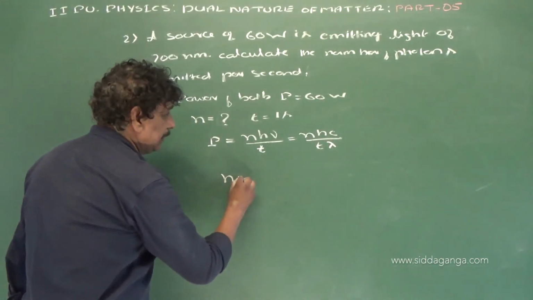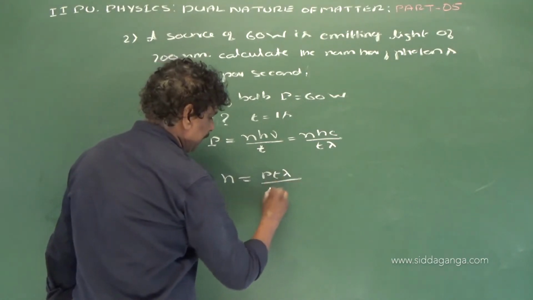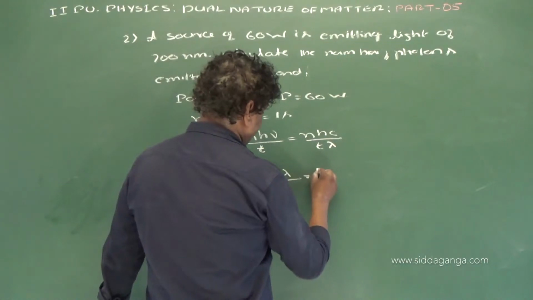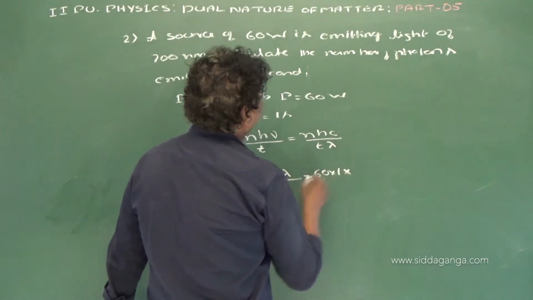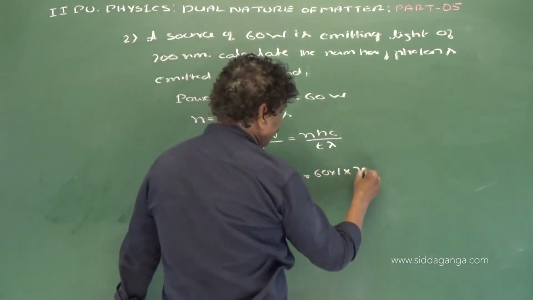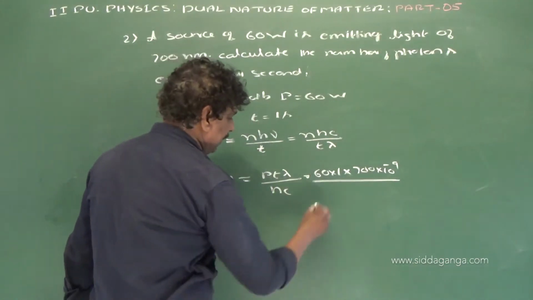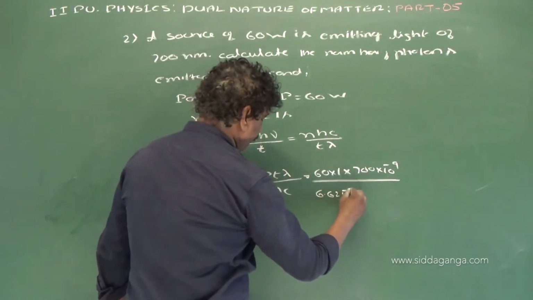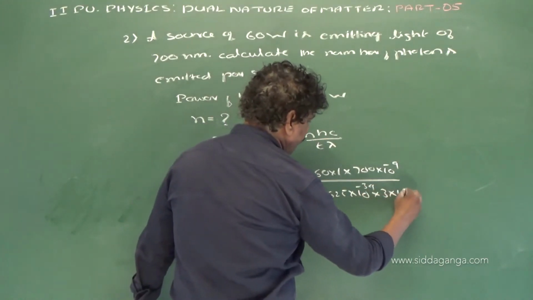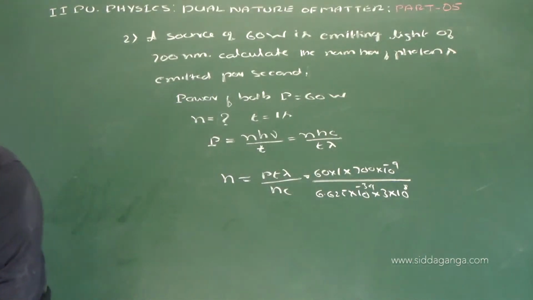Therefore N is equal to P t lambda by h c, that is 60 into 1 into 700 nanometer, that is 700 into 10 power minus 9, divided by 6.625 into 10 power minus 34 into 3 into 10 raised to the power of 8.